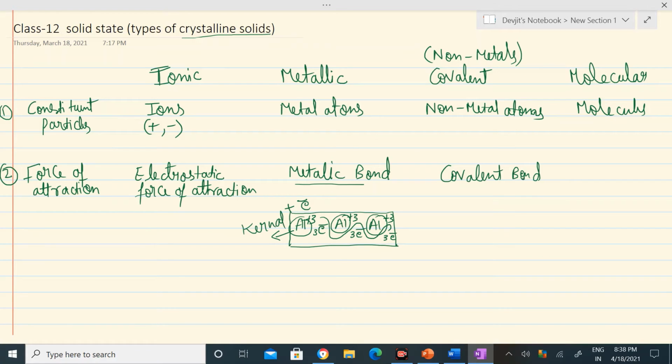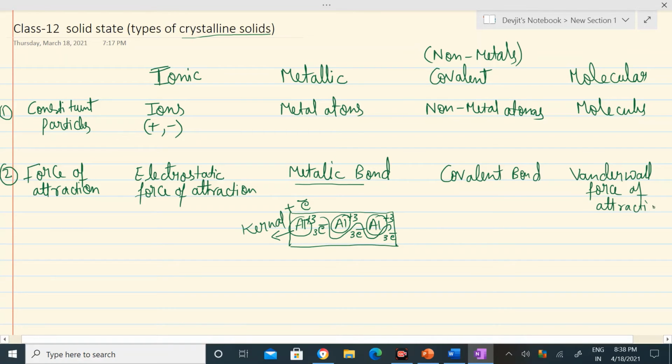Because the force of attraction between the two atoms is not so strong that it can hold two atoms very tightly and rigidly with each other. So what is the weakest force of attraction? We have studied in class 11. That is van der Waals force of attraction.